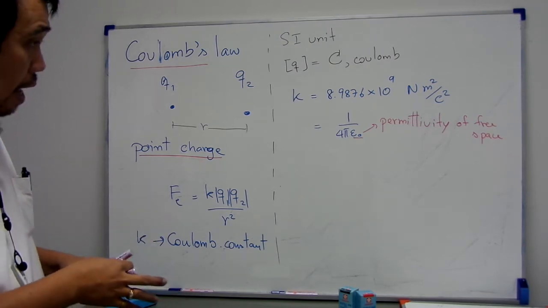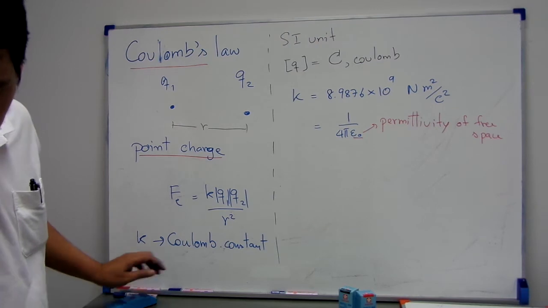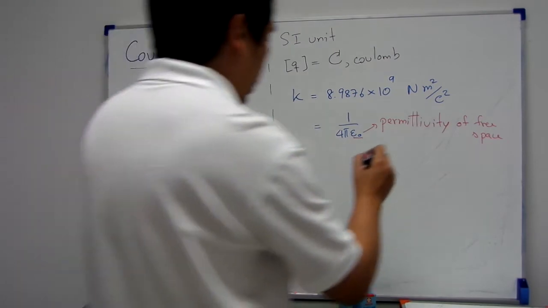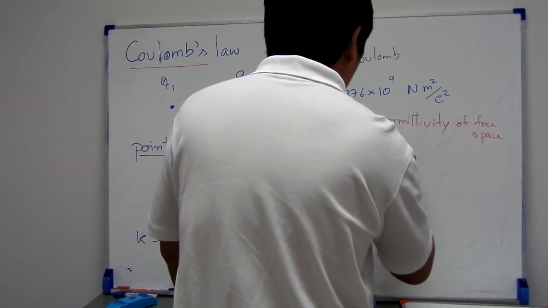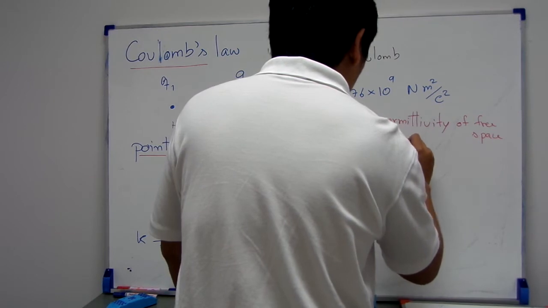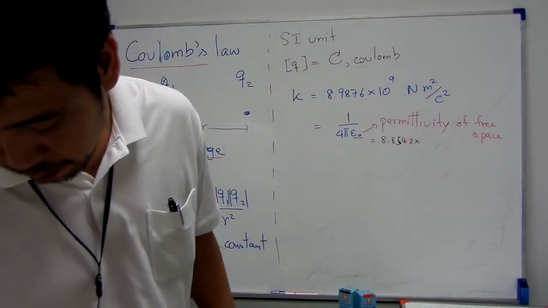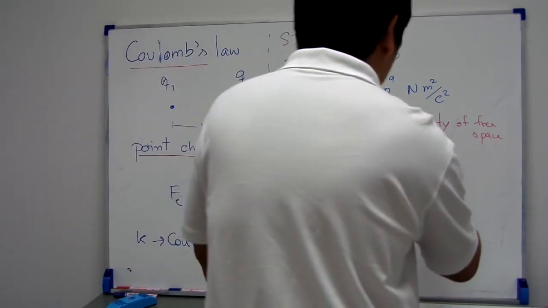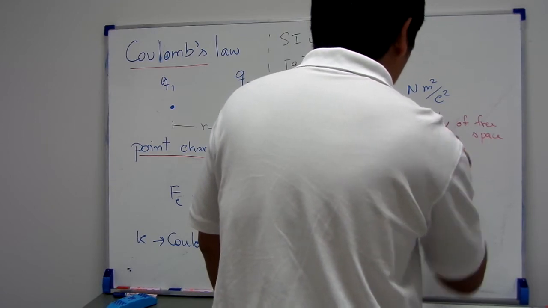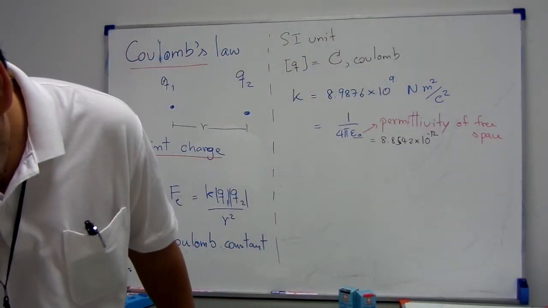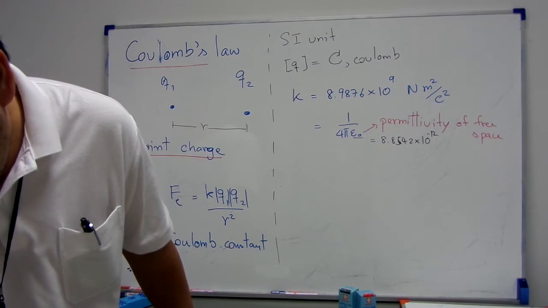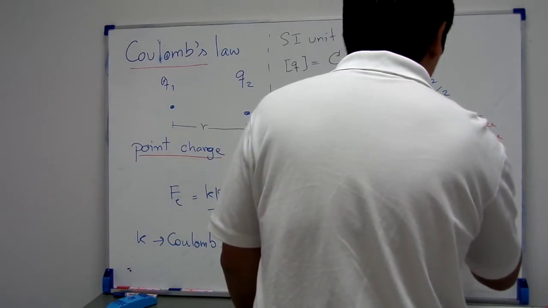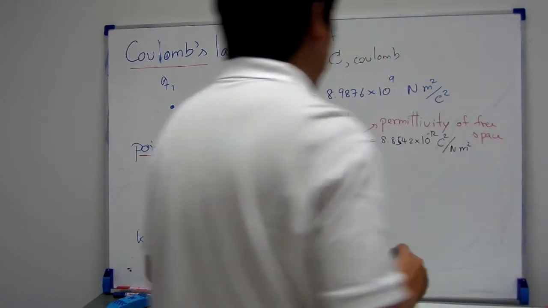Anyway, the value of epsilon 0 is 8.9542 times 10 to the minus 12, with the unit of coulomb squared per Newton meter squared.